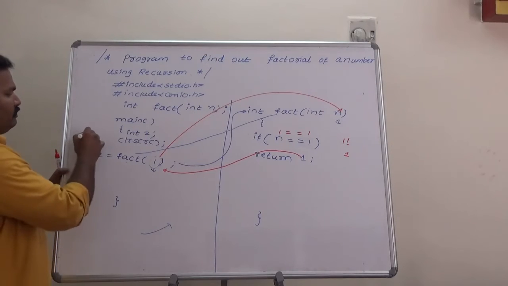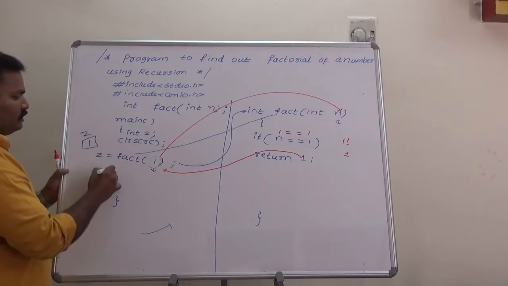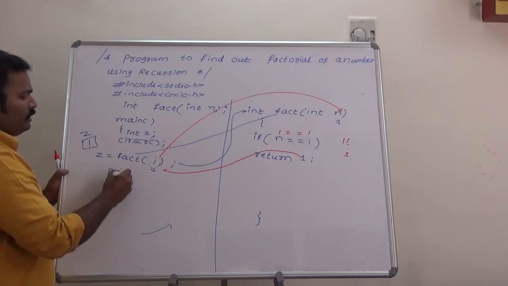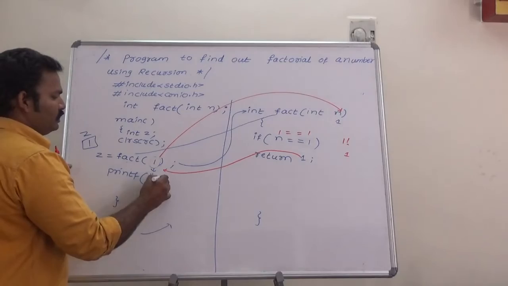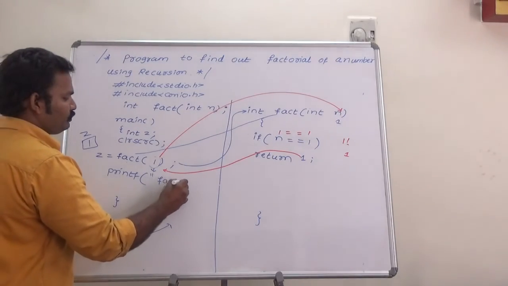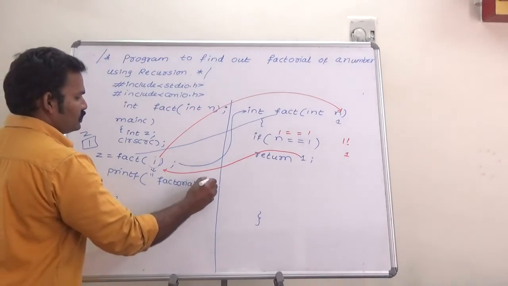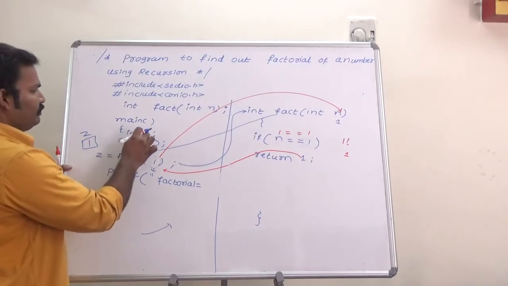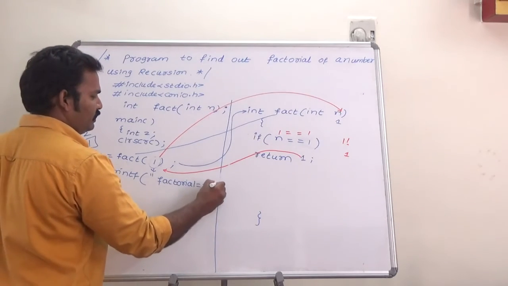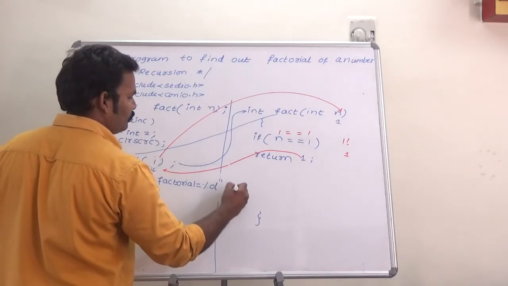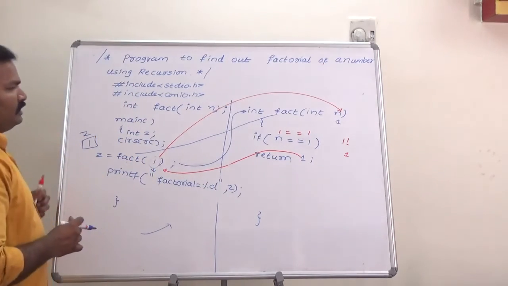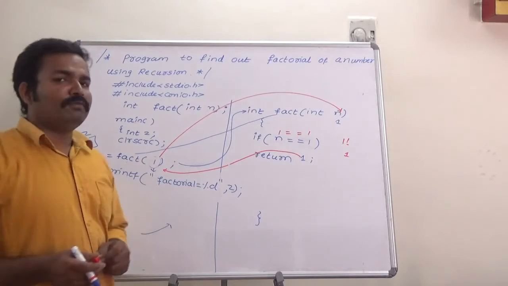Here we have to print the z value on the screen: printf factorial is equal to format specifier %d, comma, variable name z. So this is in the case of 1.